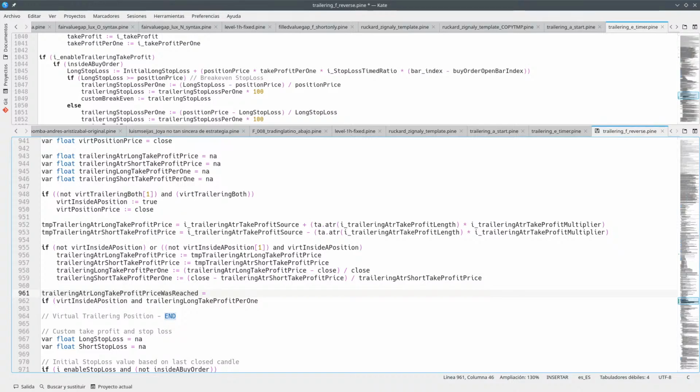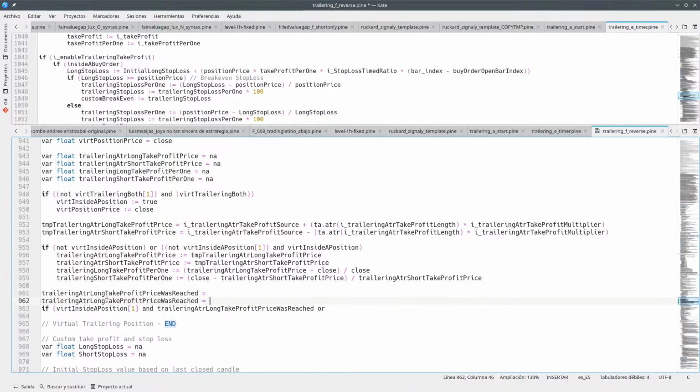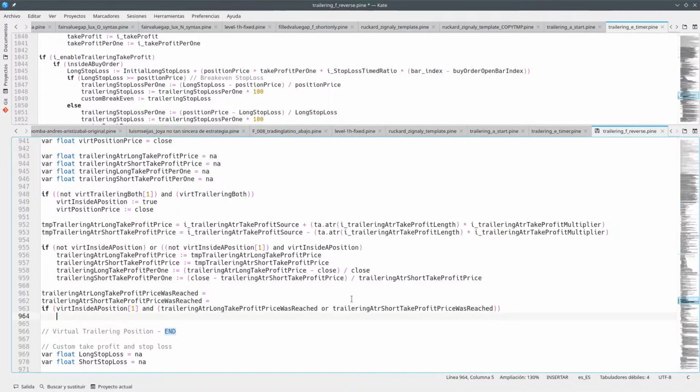So the question is, if you are inside a position, okay, so if in the last candle you were inside a position and this was reached, or the other one was reached, which is the short one, then it means that you are no longer inside the position.